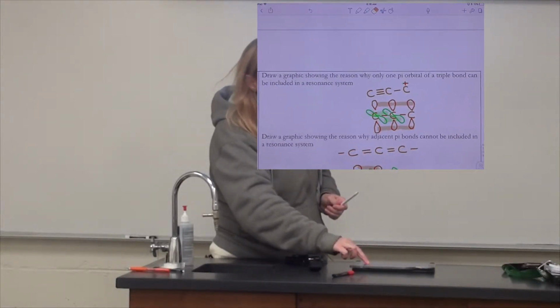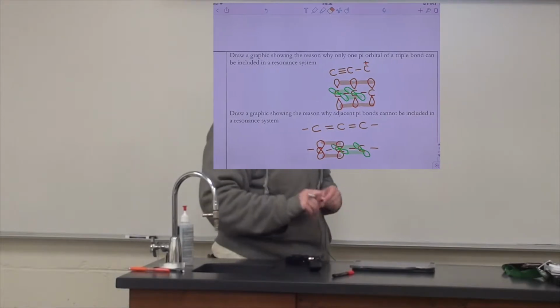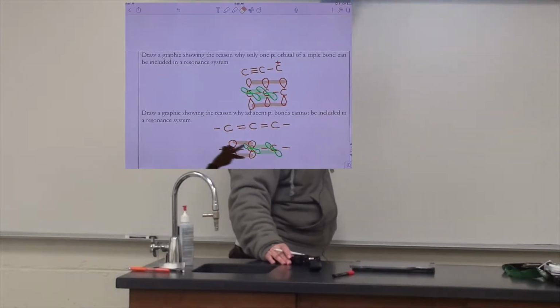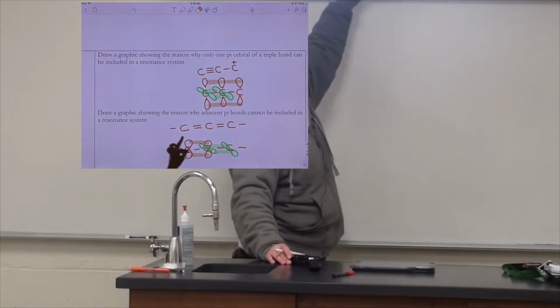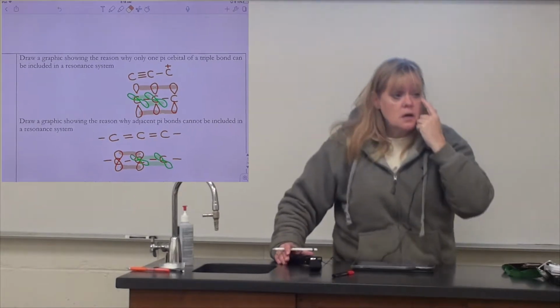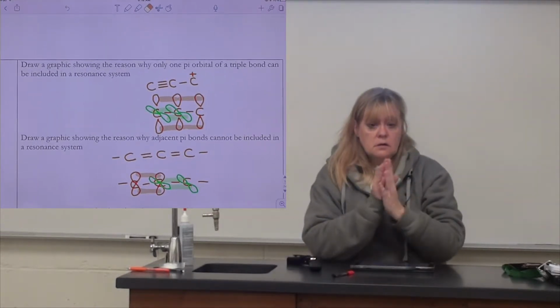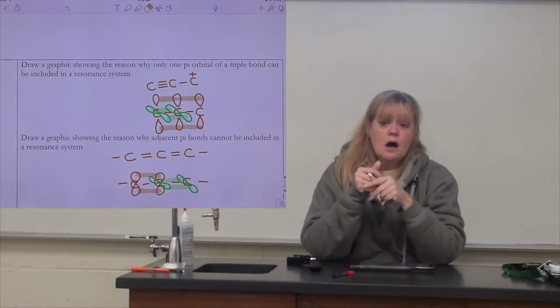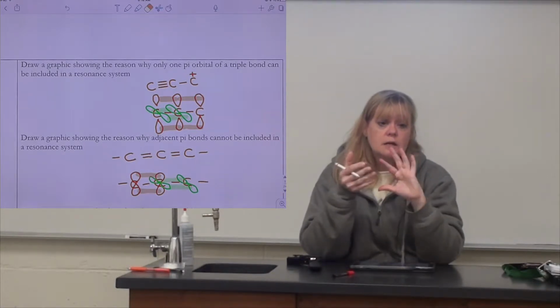And then the other one is adjacent double bonds can't be a resonance system, because only one set would line up. So you can't count those three as all being part of resonance. The double bonds adjacent to each other, that's called an allene, and it has special reactivity and everything.